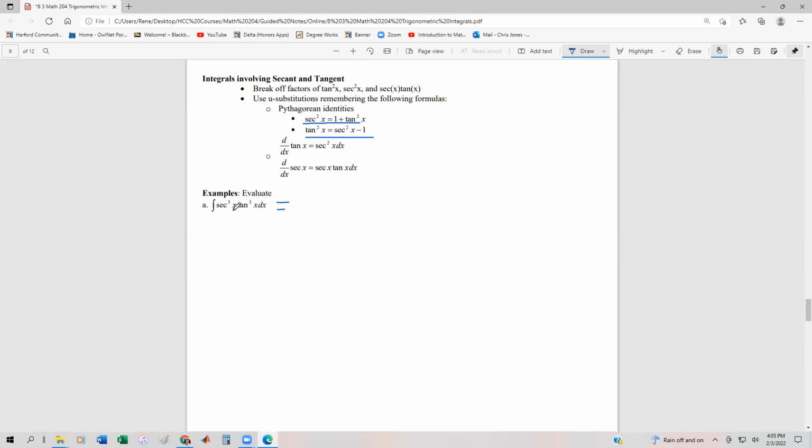So it might behoove us to break off a secant, and also a tangent. I'm going to rewrite this as sec squared x tan squared x, and then a secant x tangent x dx.